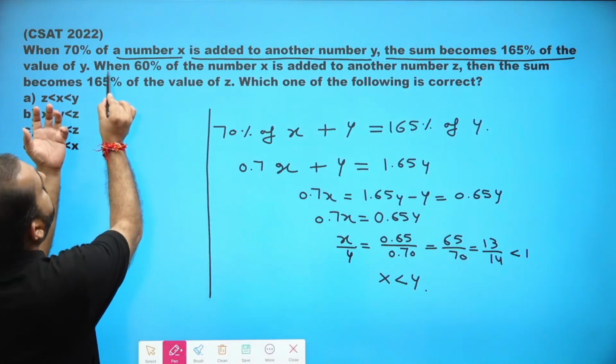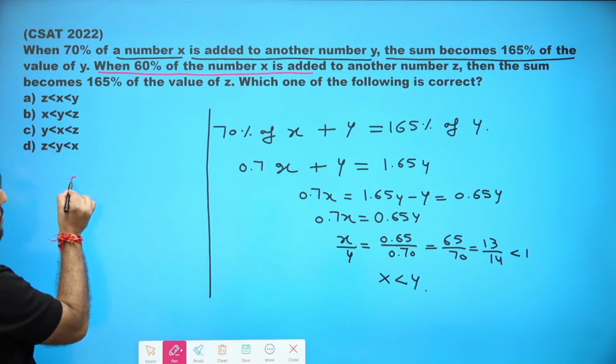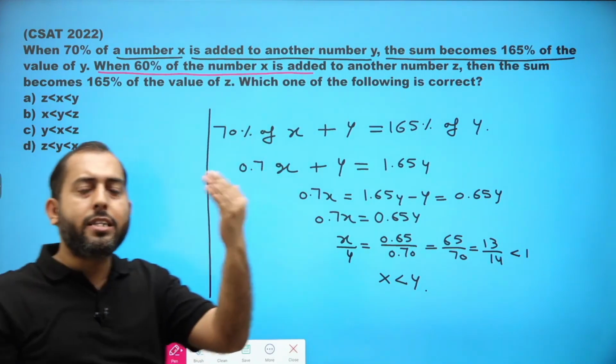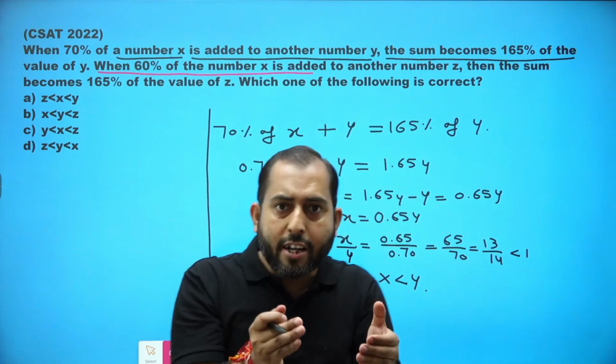It says when 60% of the number x, 60% meaning 60 by 100 of x, 60 by 100 is 0.6.